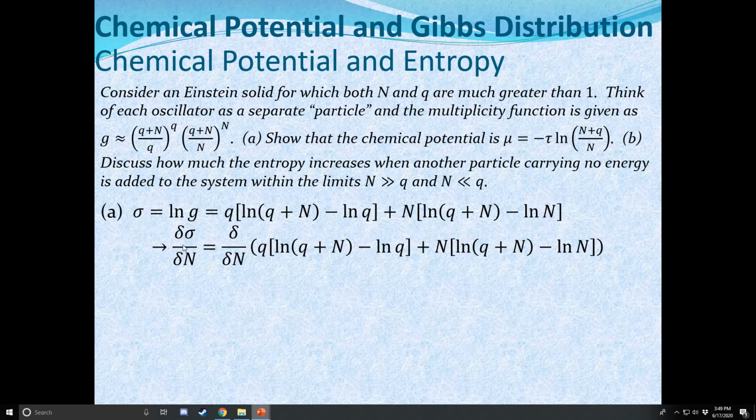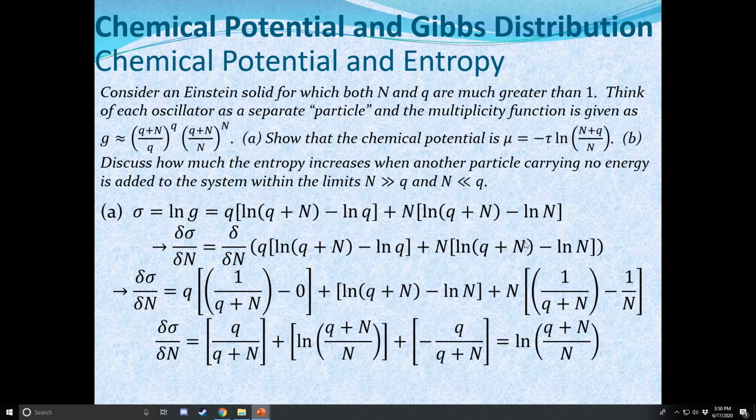We know that mu is going to be related to that partial derivative of this entropy with respect to N. So all I have to do is take the derivative of it. For this first part, the N's here, and then over here we're going to have to do a chain rule.